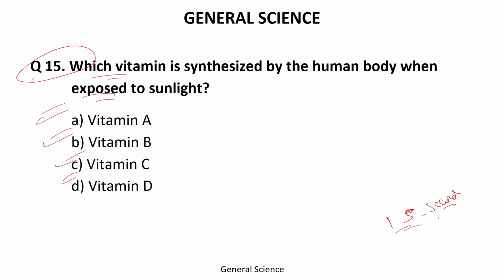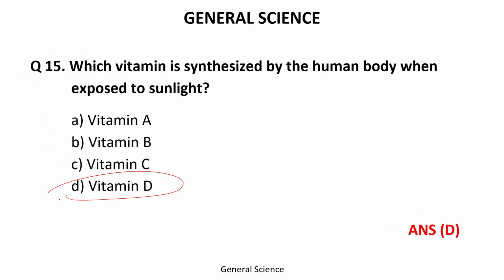Time's up. Correct answer is D. If you go to the sunlight, you will have vitamin D. Deficiency of vitamin D will cause osteoporosis, which will cause broken bones.